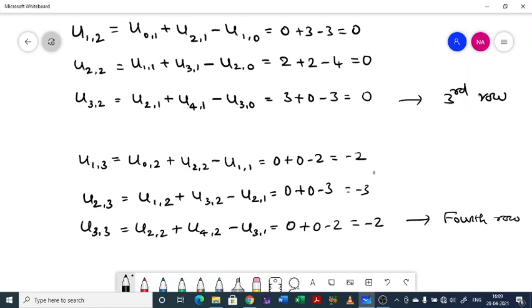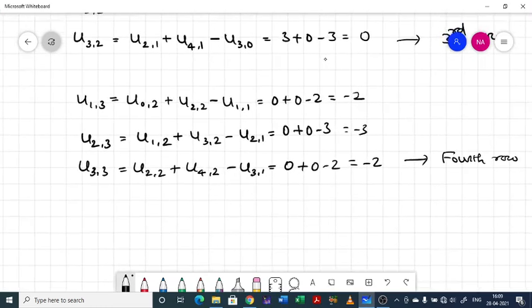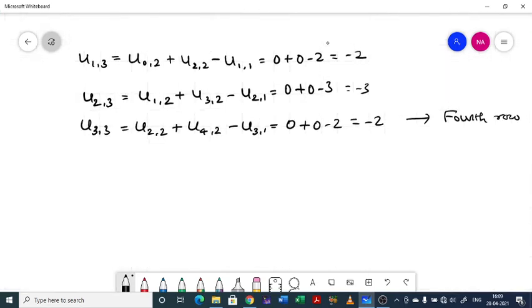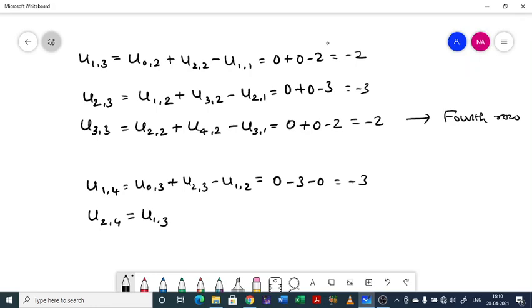So finally, the last row will be u1, 4, that is equal to u0, 3 plus u2, 3, sorry, u2, 3 minus u1, 2 equal to 0 minus 3 minus 0, that is minus 3. u2, 4 will be u1, 3 plus u3, 3 minus u2, 2 equal to minus 2 minus of minus 2 minus 0.